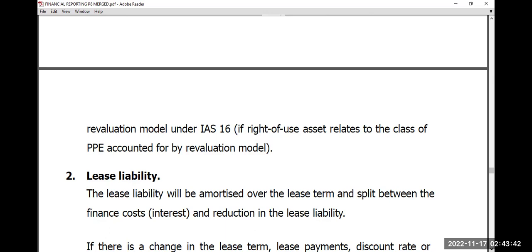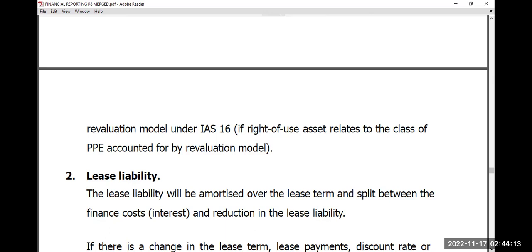But how do we compute the depreciation? It is by comparing whether the person is going to buy the asset at the end of the lease term, or is not going to buy the asset at the end of the lease term. If the person is not going to buy the asset, we take the shorter of the useful life and the lease term.